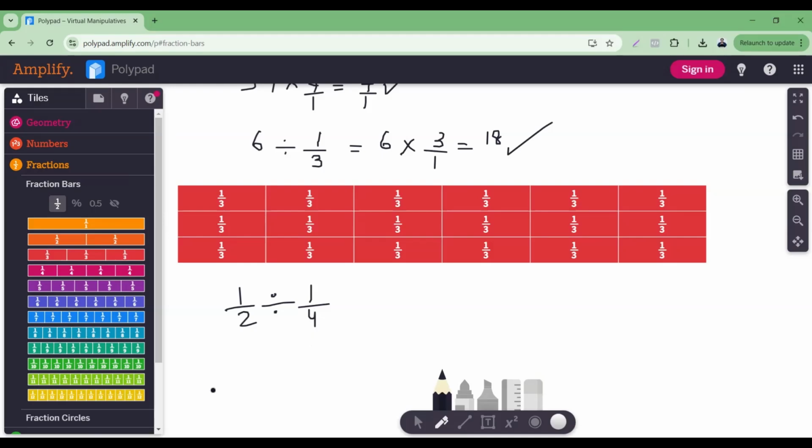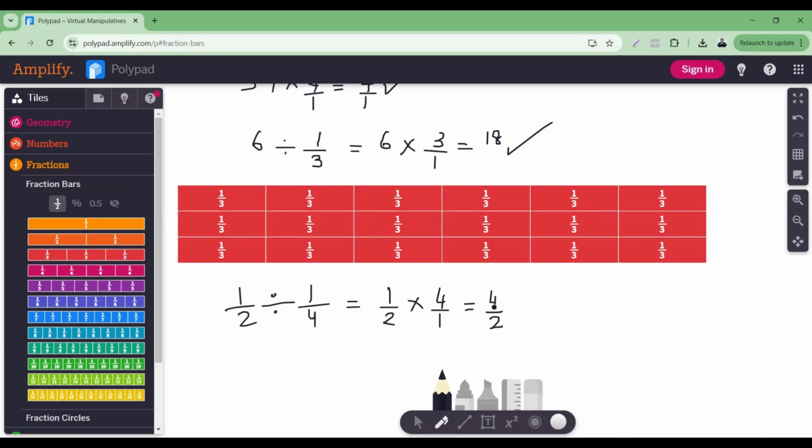Let us first do the technique that we did, and we'll also verify it with our visual model understanding. What is the technique? Keep the dividend as it is. The division sign becomes a multiplication, and the divisor becomes a reciprocal, 4/1. So now it becomes a fraction multiplication. 1 times 4 is 4, 2 times 1 is 2.